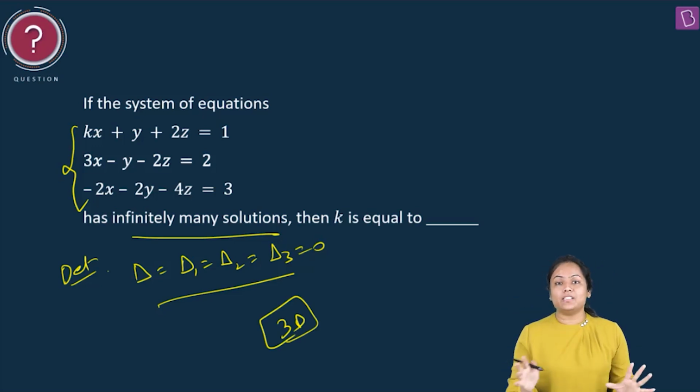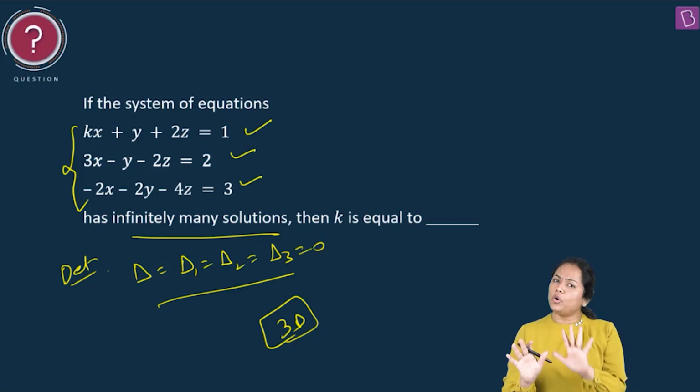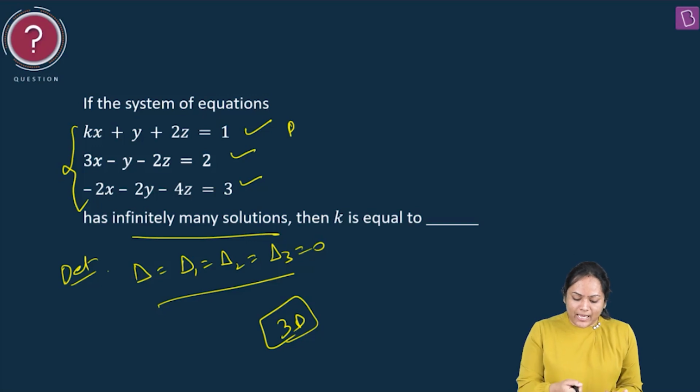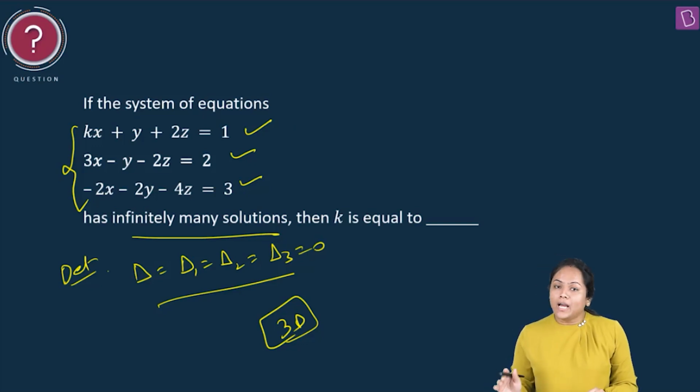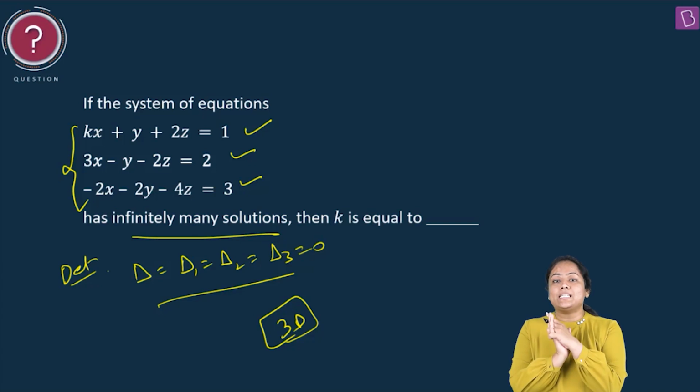Yes, we are considering these 3 as 3 different planes. I hope you remember what is the equation of plane, right? So let me take these as my 3 planes. So if my 3 planes give me infinitely many solutions, there are 2 cases possible. Either I'll have coincident planes, one above the other. But for that, my planes have to be definitely parallel.